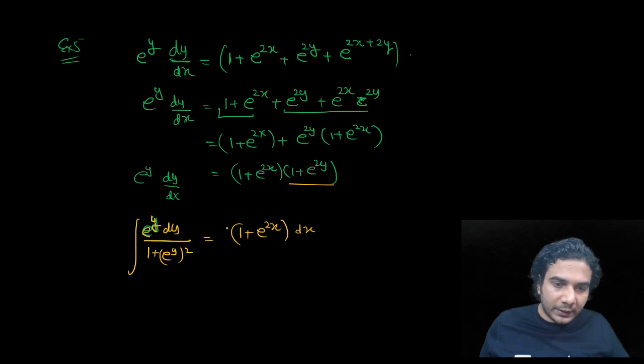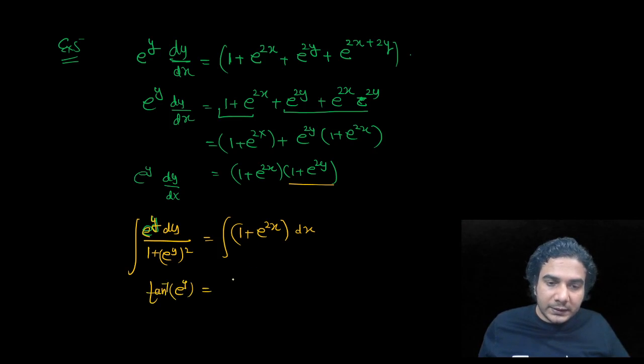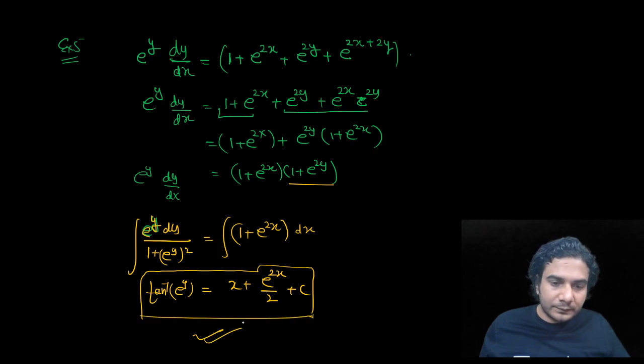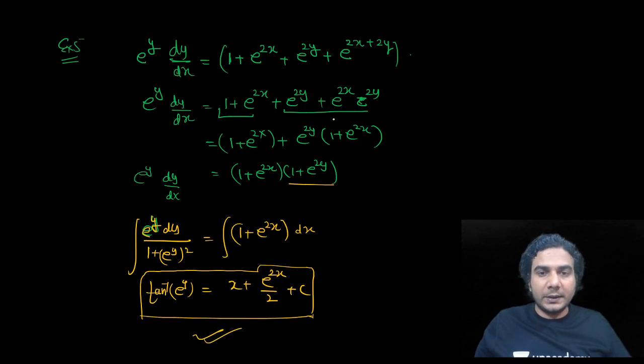If you put e^y = t, then e^y dy is dt. So it is f'/(1 + f²). So directly you can write tan⁻¹(e^y) = x + e^(2x)/2 + c. All right. So I hope this is clear.